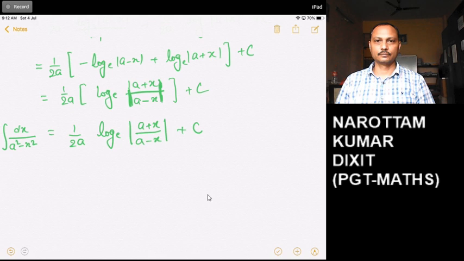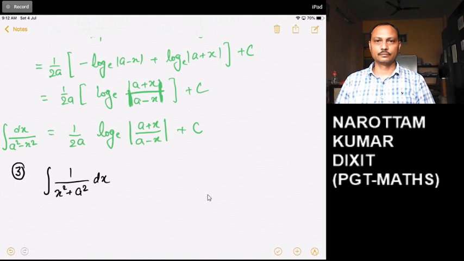Now the third formula is the integral of 1 upon x square plus a square with respect to x.